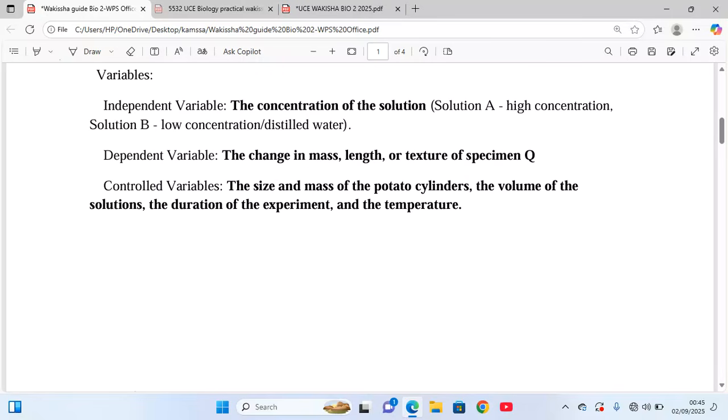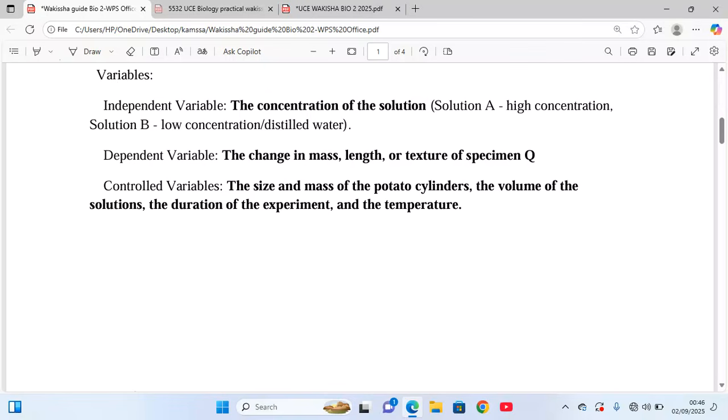So what are the variables? We have the independent variable, the one on which the whole experiment depends, the factor that is majorly tested here, which is the difference in concentration.